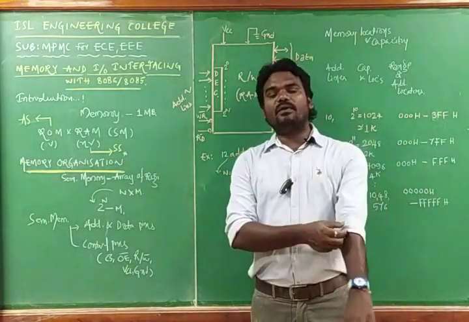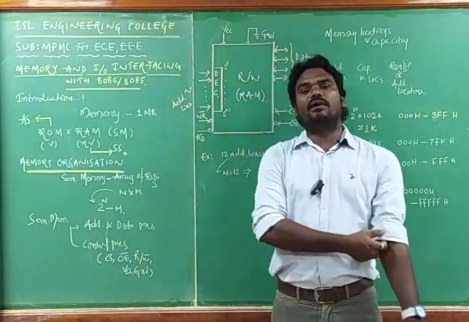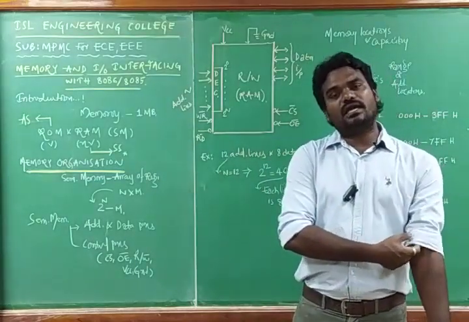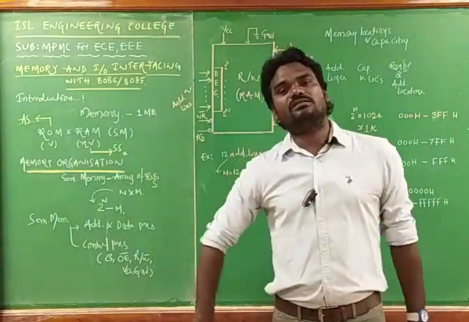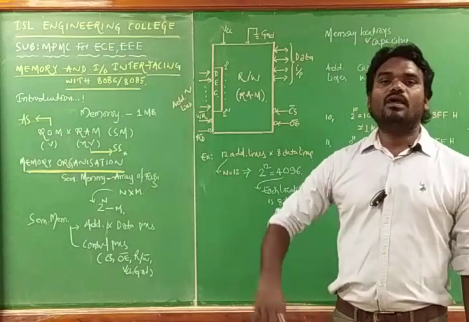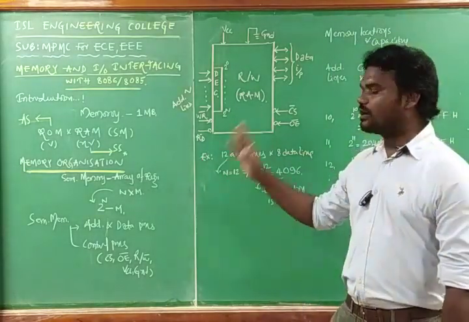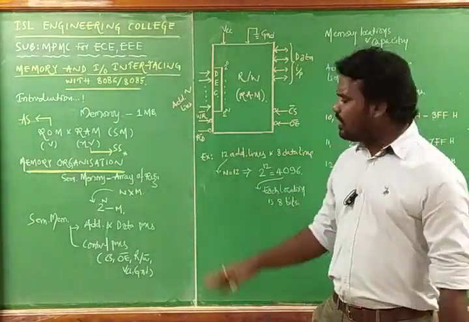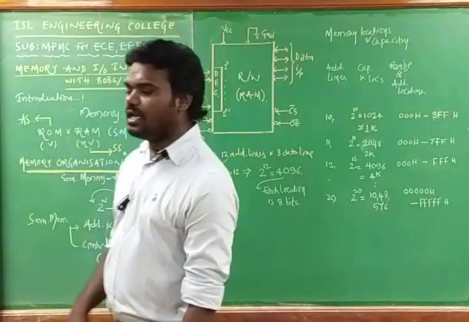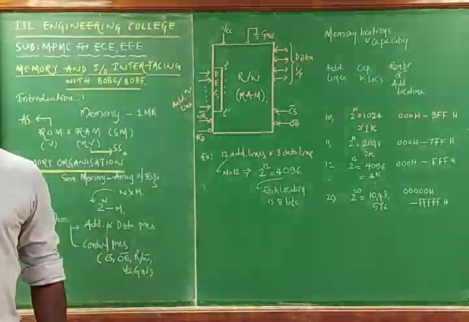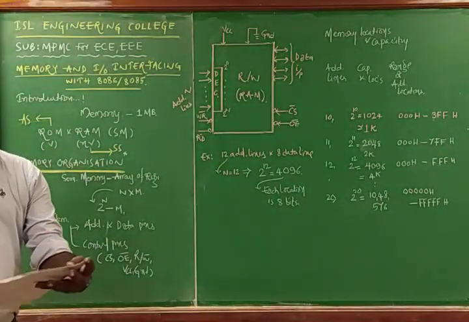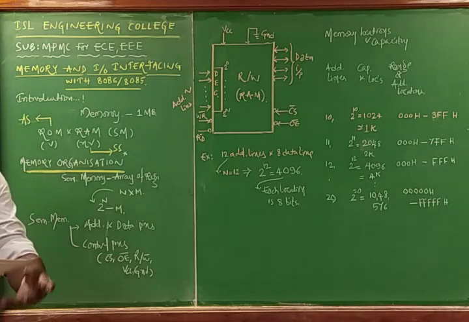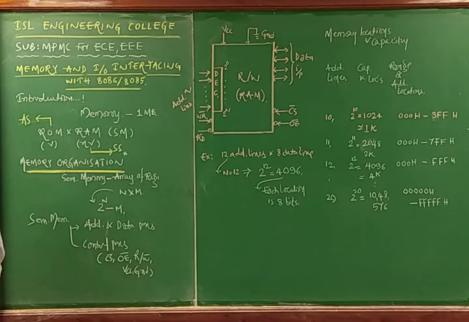After understanding the memory organization of 1 megabyte of memory, we can study how to interface it with the 8086 microprocessor. So now I am going to explain the basic memory organization of the 8086 microprocessor.